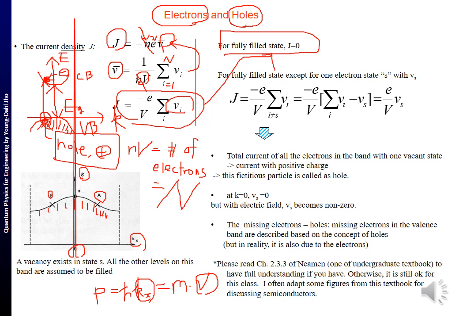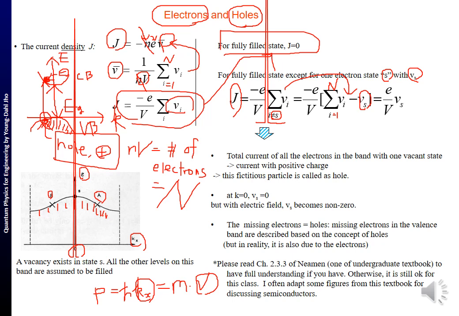But for a fully filled state, except for one electron state S with velocity Vs is missing, the J should be described like this. Now S state is missing. So this one is just the same. We sum all the electrons except the electron in S state.